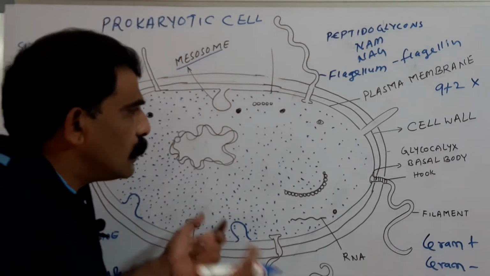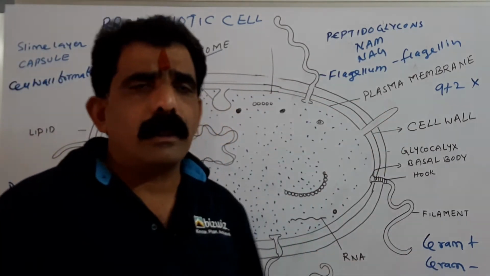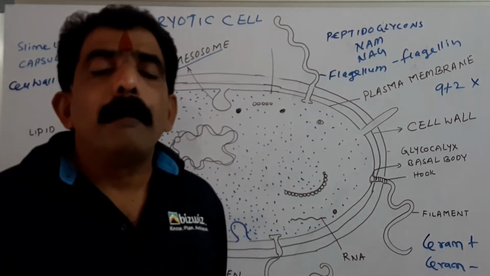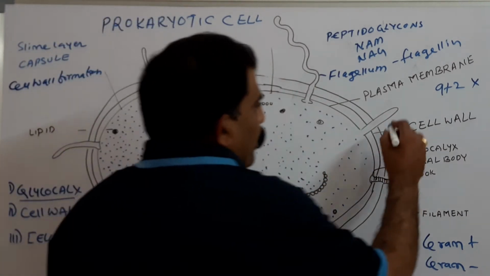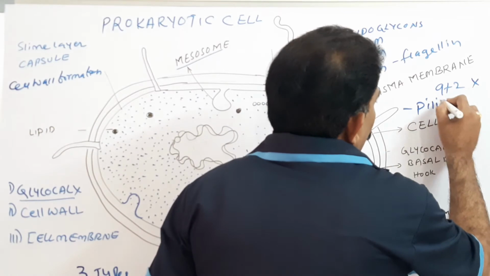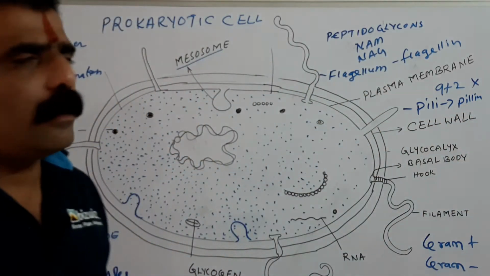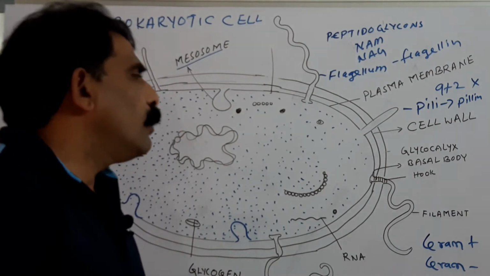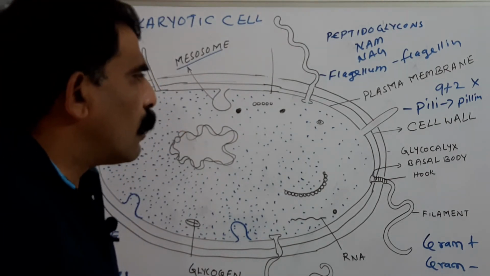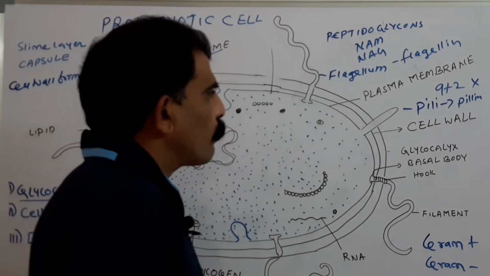Another outgrowth is pili. Pili are made up of pilin, a protein. Pili are of various types.